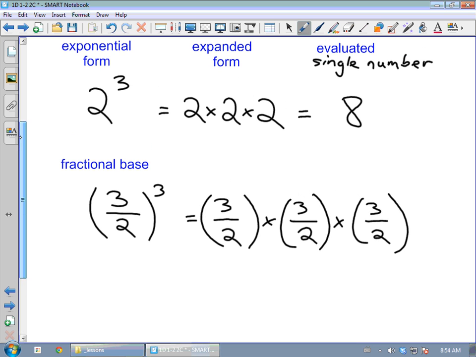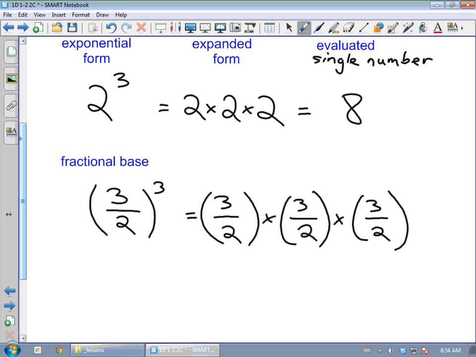If I was going to write this in evaluated form, I'm just going to follow the rules for multiplying fractions. I'm going to multiply my numerators by each other. 3 times 3 times 3 would give me 27. 2 times 2 times 2 gives me 8. So my evaluated form here is 27 over 8.